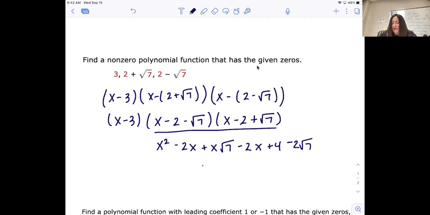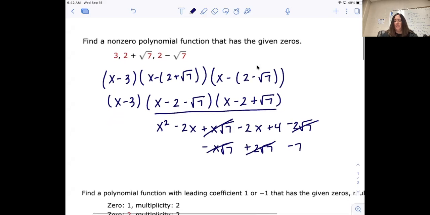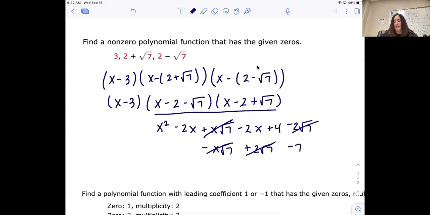I would have negative x square root of 7, and then plus 2 square root of 7, and the last piece would be minus 7. What you'll notice here is we have a positive x square root of 7 and a negative x square root of 7. Those are going to cancel. We also have a 2 square root of 7 and a negative 2 square root of 7. Well, these are really conjugates, and when you have conjugates, that will get rid of those square roots. What actually makes this a little nicer.